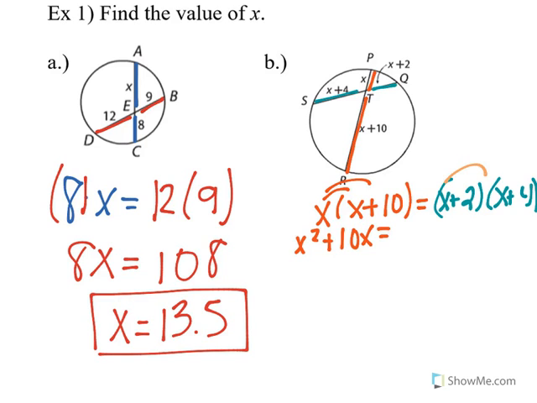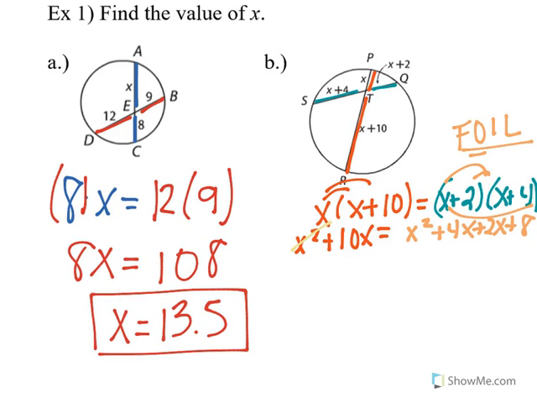On the right side, on the other hand, we're going to have to FOIL. Okay, so our first terms, X times X, is X squared. Our outer terms, X times 4, is 4X. Inner terms, plus 2X. Last terms, 2 times 4 is 8. Now, just like what happened in the last section, what's really nice here is you think you might have to get one side equal to 0 and factor, but you actually do not.